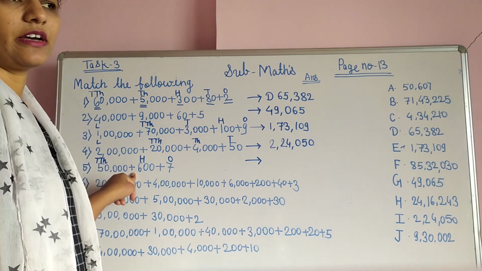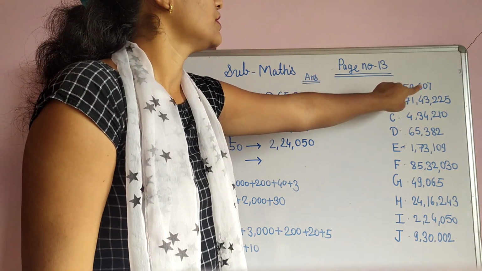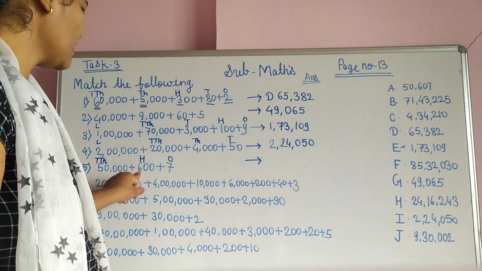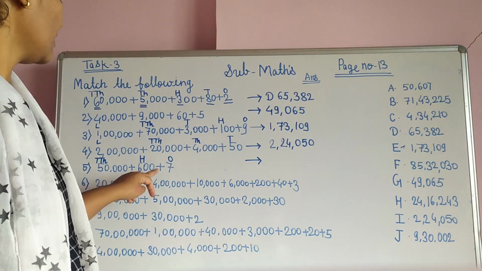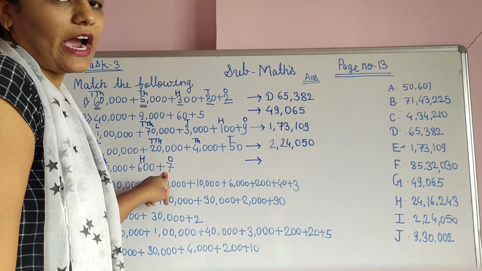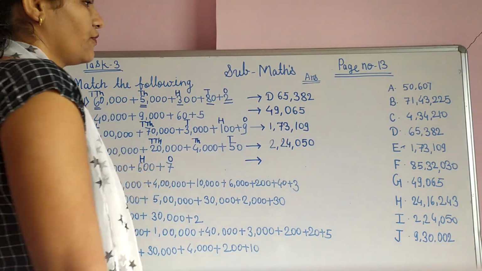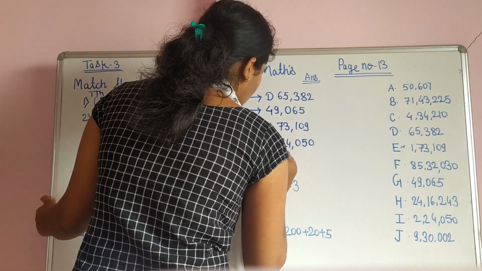On the 1,000 place nothing is there, means what is there? There is a 0, and here also 0 is there. On the 100 place 6 is there, and there also 6 is there. Next, the tens place 0 is there, and there also 0 is there, and finally 7 is there. So the ones place 7 is there. So that is our answer. What is it?